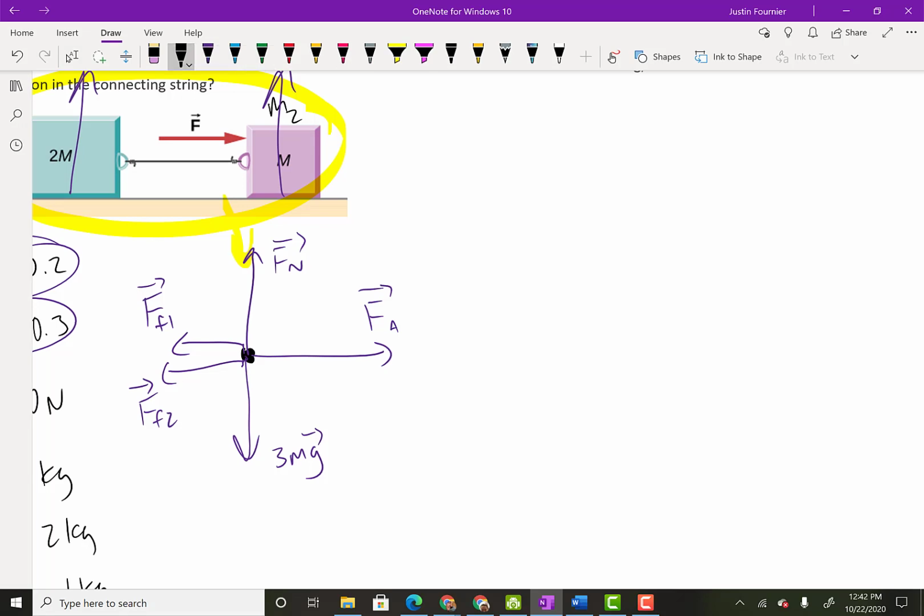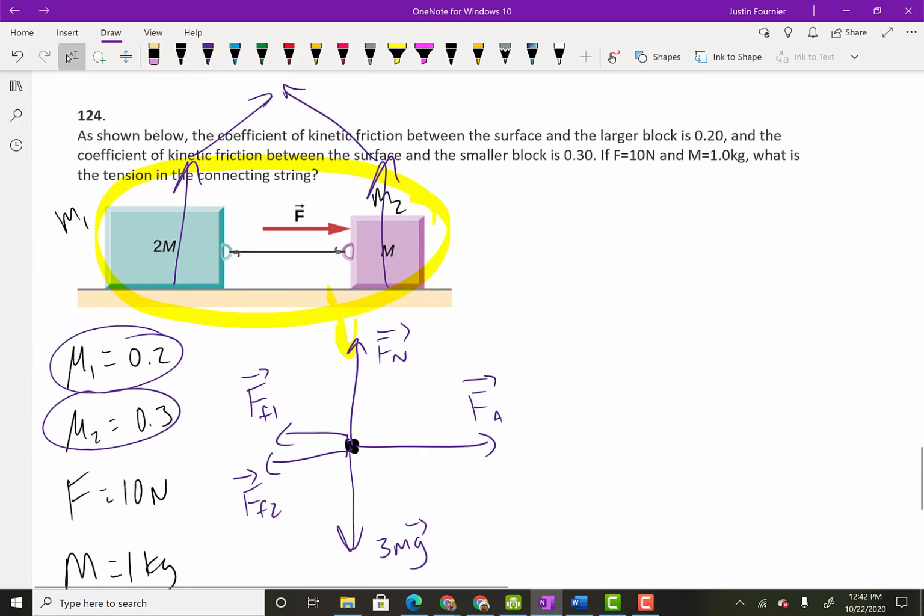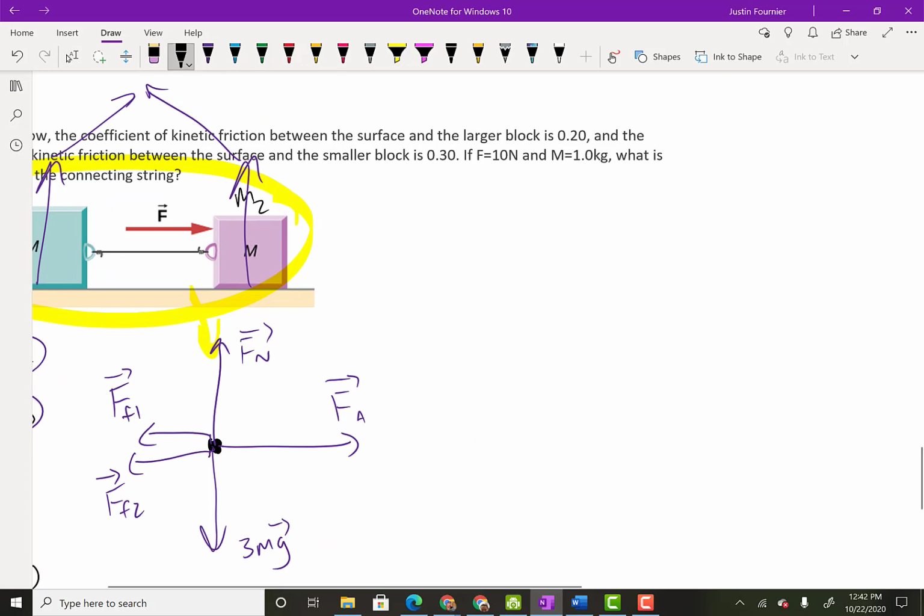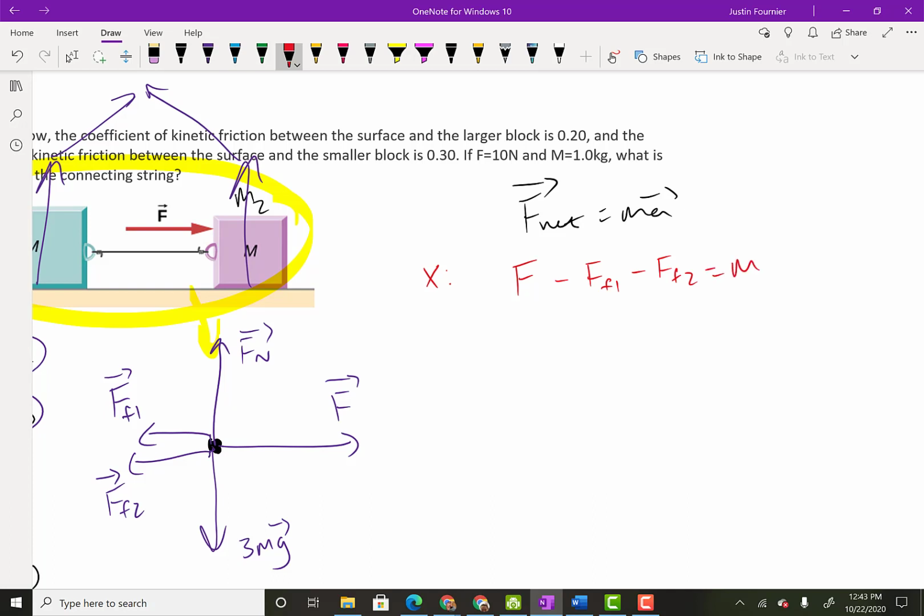So if I do F net, those are the external forces acting there. There's no tension force because that gets canceled out because I made the whole thing my system. So we got F net equals ma. F net in this case, in the x direction, you've got the applied force F, which I know is 10 newtons, minus force of friction 1 minus force of friction 2, is equal to the mass times the acceleration, and I'm trying to find out the acceleration.